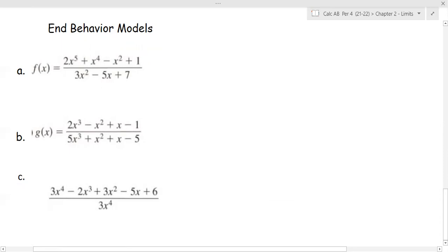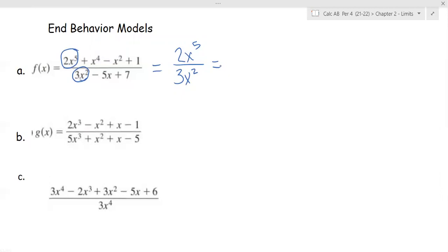The end behavior model means you can get a good idea of what the graph is going to do just by using the largest part of the numerator, meaning the highest degree term, and the same thing with the denominator, and divide and simplify that to get the model of your graph.